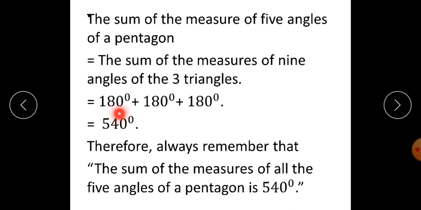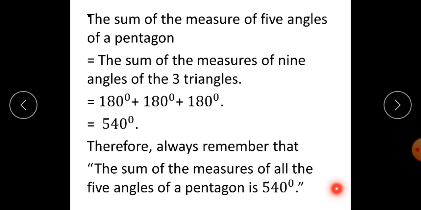Therefore, 180 degrees plus 180 degrees plus 180 degrees is equal to 540 degrees. Always remember that the sum of the measures of all the 5 angles of a pentagon is 540 degrees. I repeat, the sum of the measures of all the 5 angles of a pentagon is 540 degrees.